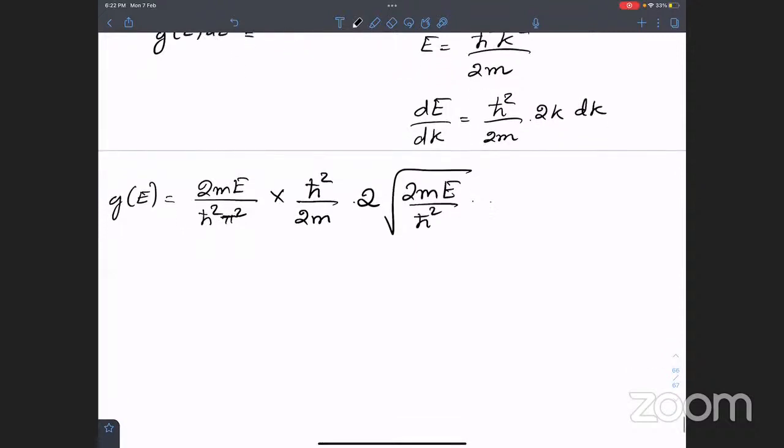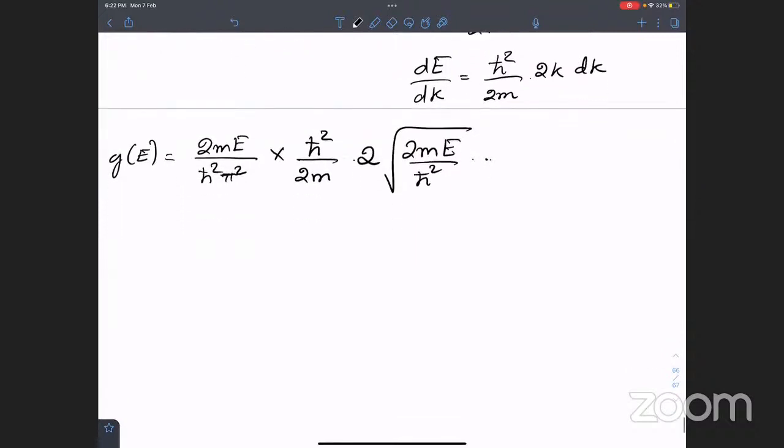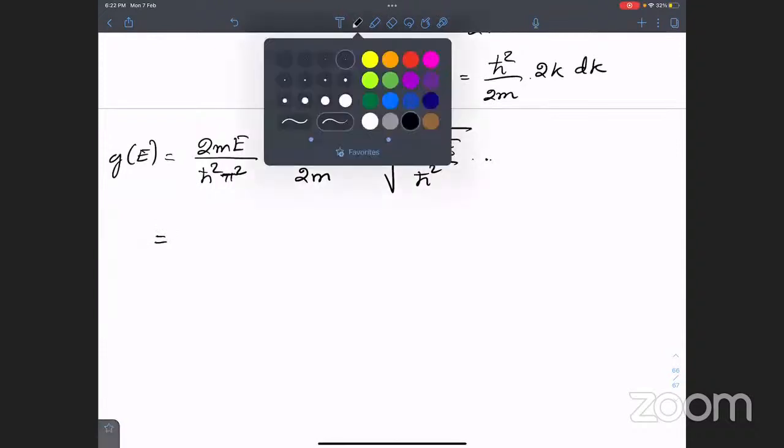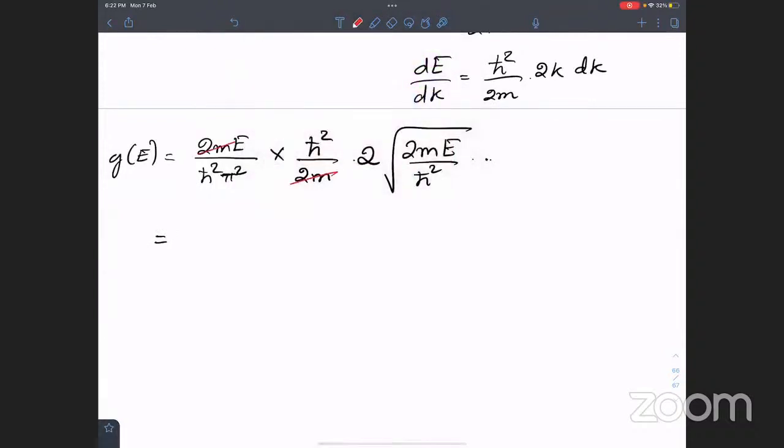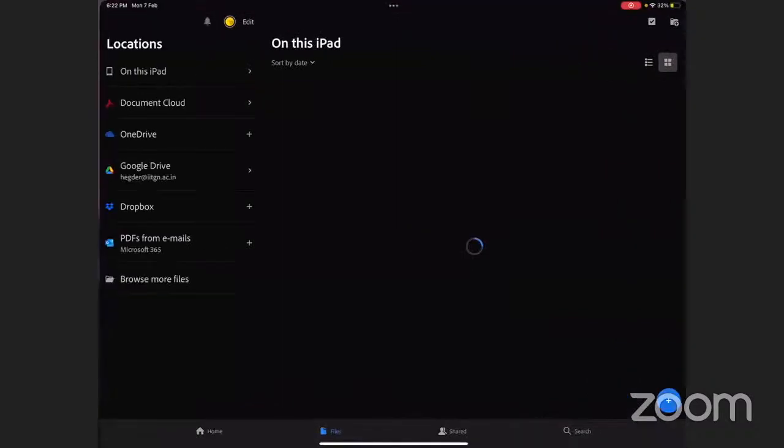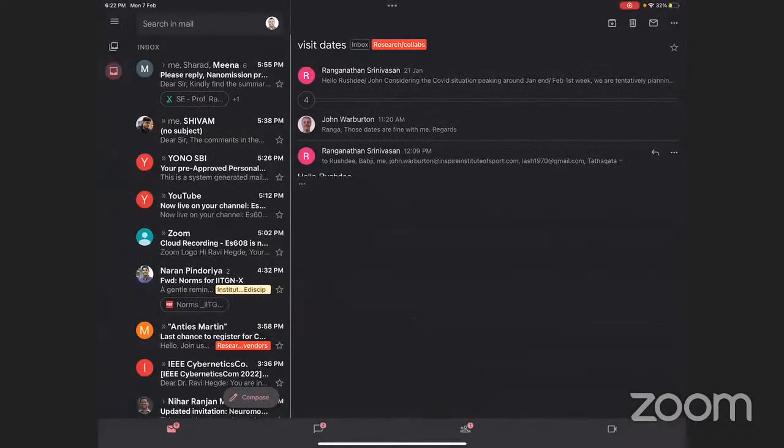This is the final answer for G of E, and you can simplify this. You can see that it is proportional to E to the power 3 by 2.